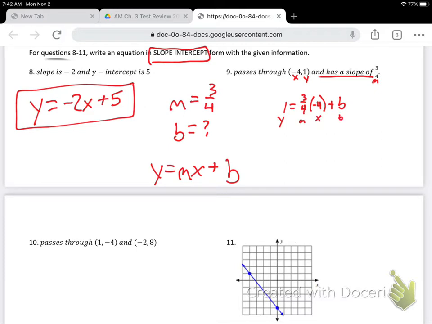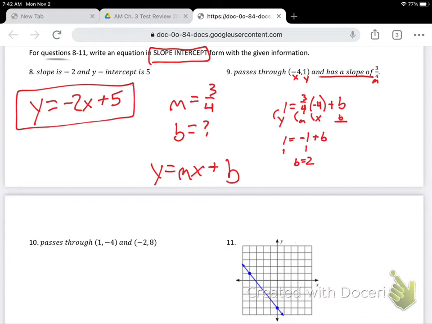right there. So all I did was just plug these in here, and I'll be able to then solve for b. If I do that, I'm going to get 1 is equal to 3/4 times a negative 4 would be a negative 1 plus b. I'm going to add 1 to each side, so b is going to be equal to 2.